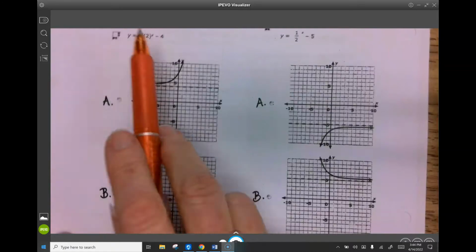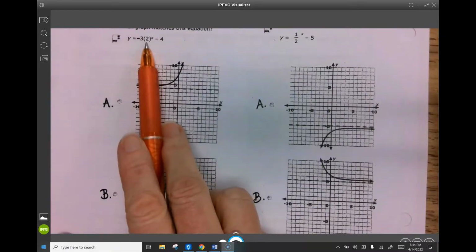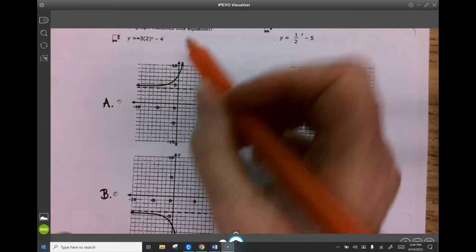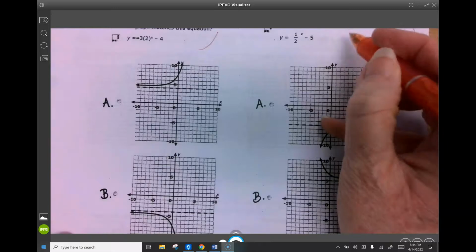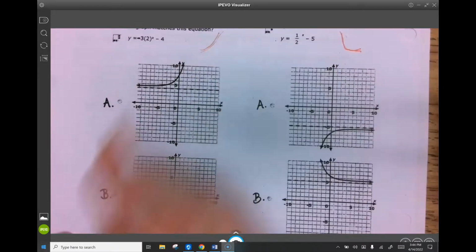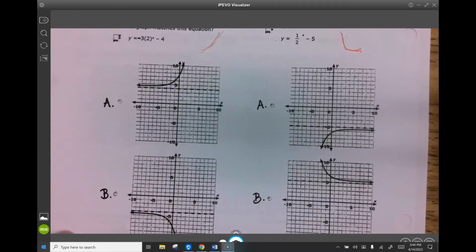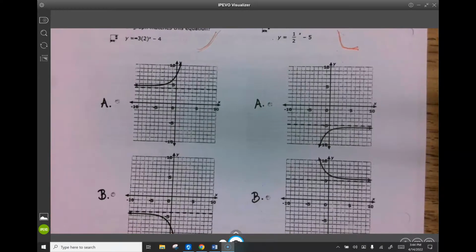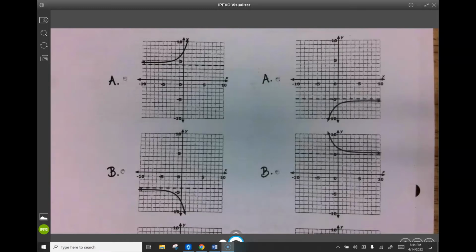Oh, and then this one, look, that's a 2. So this one is going to go up like this. This one's going to come down like that. So match those up. Good. Okay, that should be enough for now, and we will do more tomorrow on exponential growth.